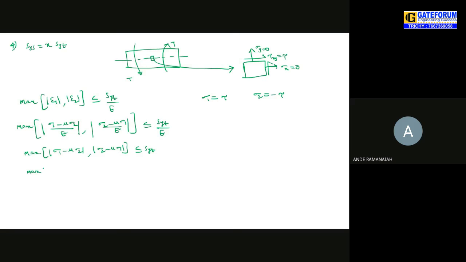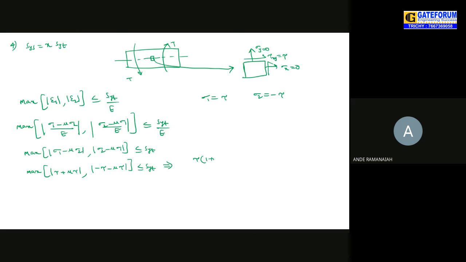What will happen? The maximum of the first one is tau minus of minus, right? So it is plus mu tau, comma, sigma 2 is minus tau minus mu tau, should be less than or equal to SYT. Which is maximum between these two? Both are equal, so we can take anything. I'll take the first one, because mod of minus of this one is plus. I'll take tau as common.